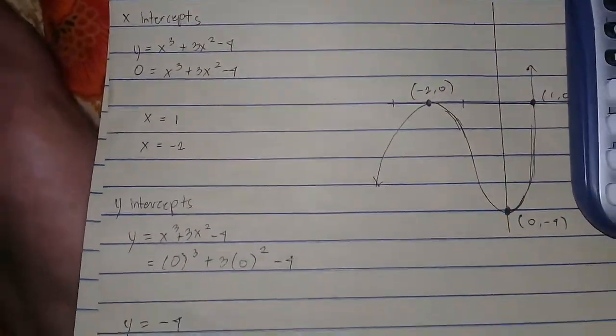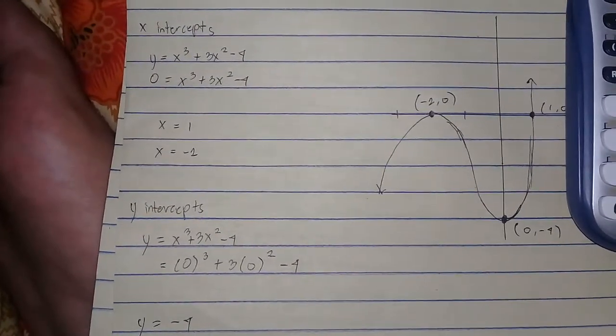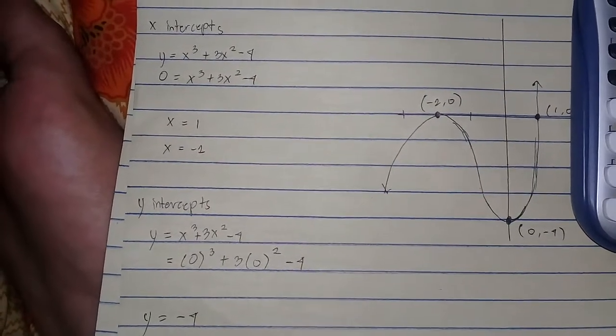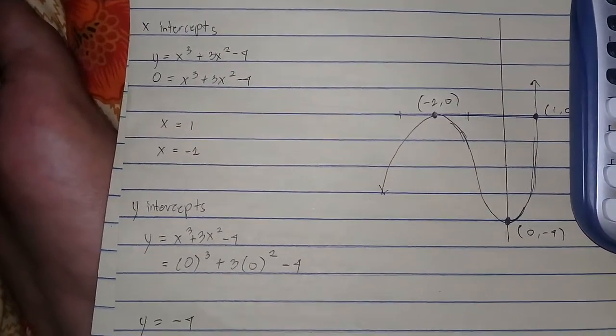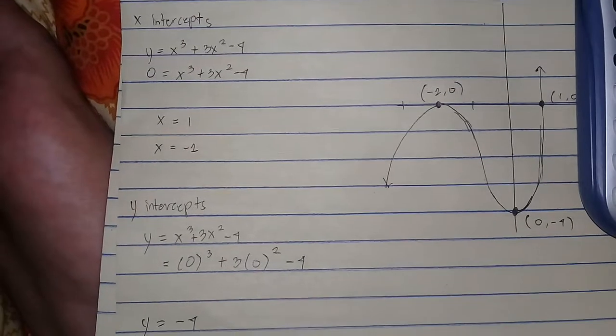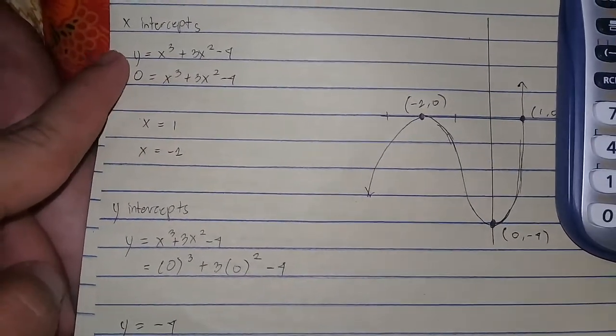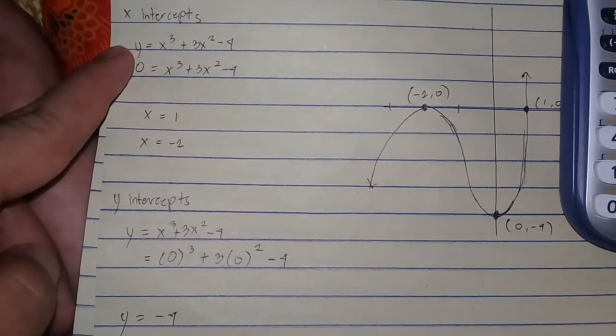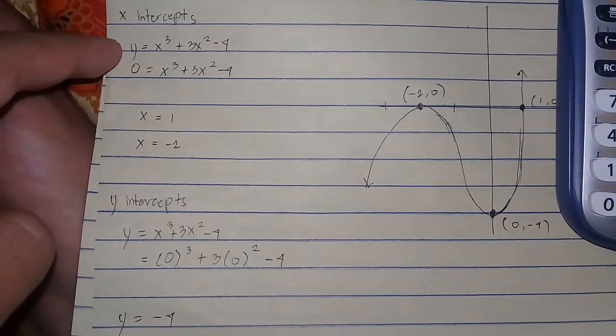After finding the number line, we're going to need to find the x-intercepts. We're going to use the original equation.